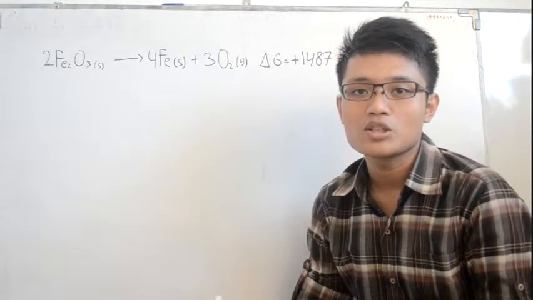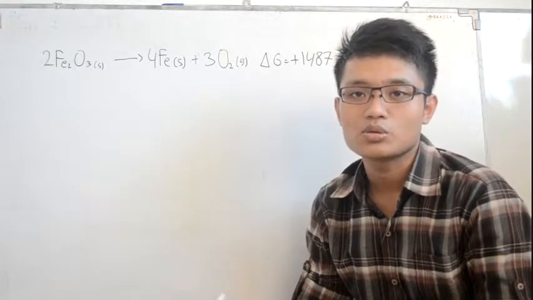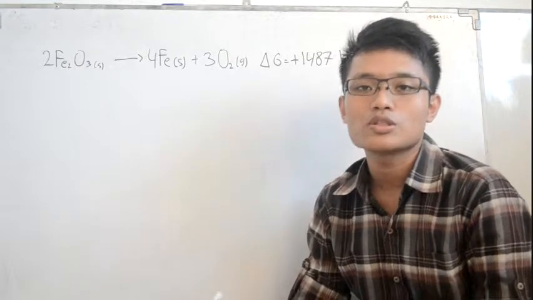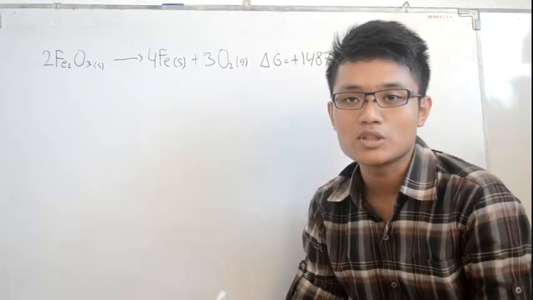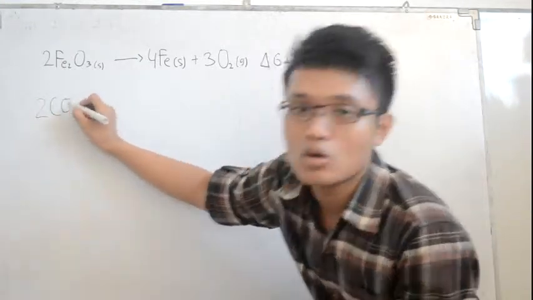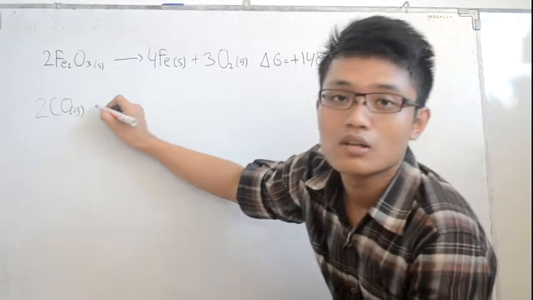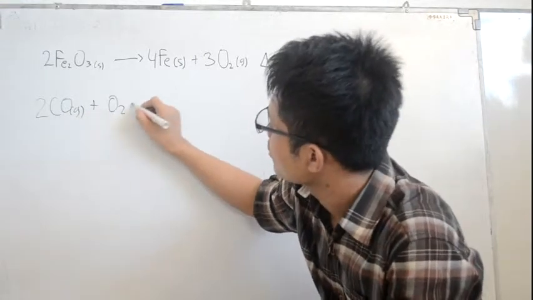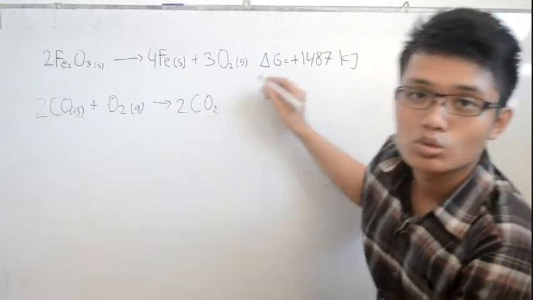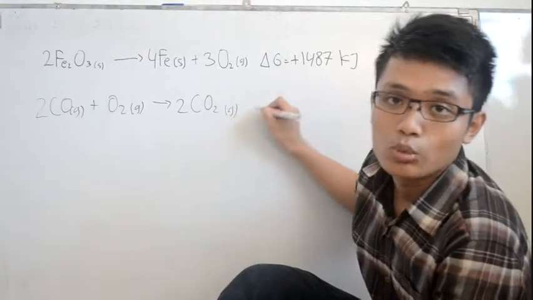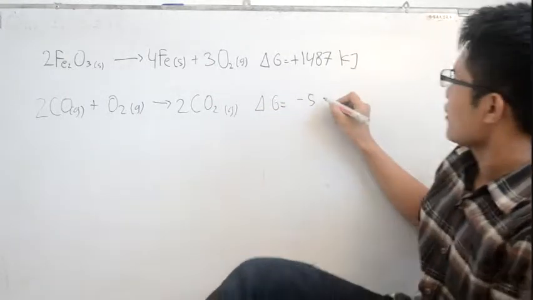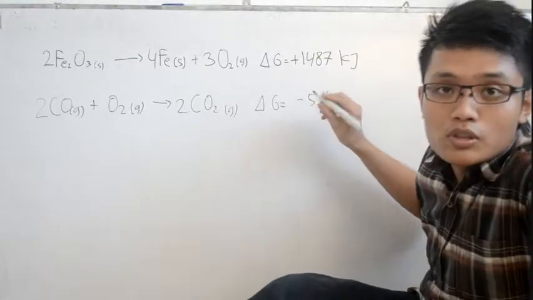However, this does not mean you cannot change the rust back to pure iron. You just need to do some useful work to reduce it by coupling with a reaction with a large negative free energy, like 2CO gas plus O2 gas becomes 2CO2 gas, with a delta G equal to minus 514 kilojoules.